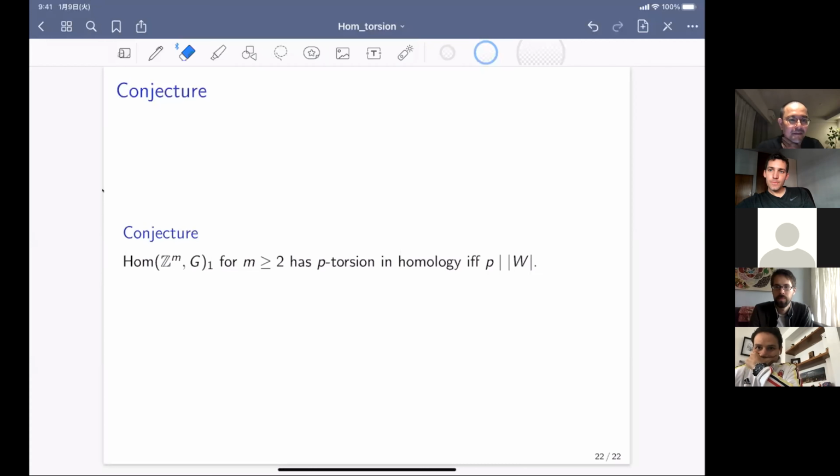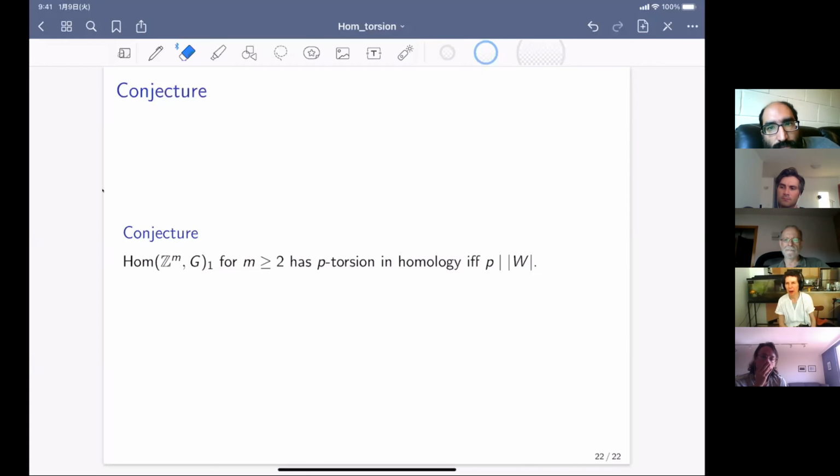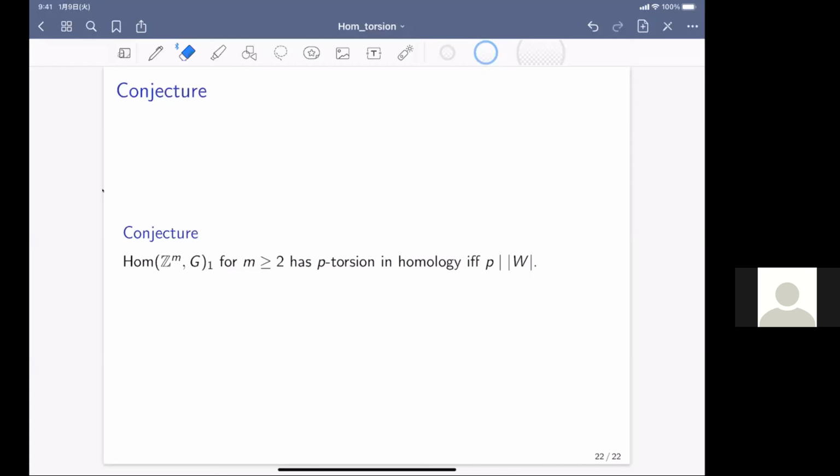Okay, thank you. But do you have any information about the Rep Z SON? I think it's not so easy to understand. Which one? Rep Z SON. Oh, it's SON. SON is not simple. When the group is simply connected and simple, it is easy.